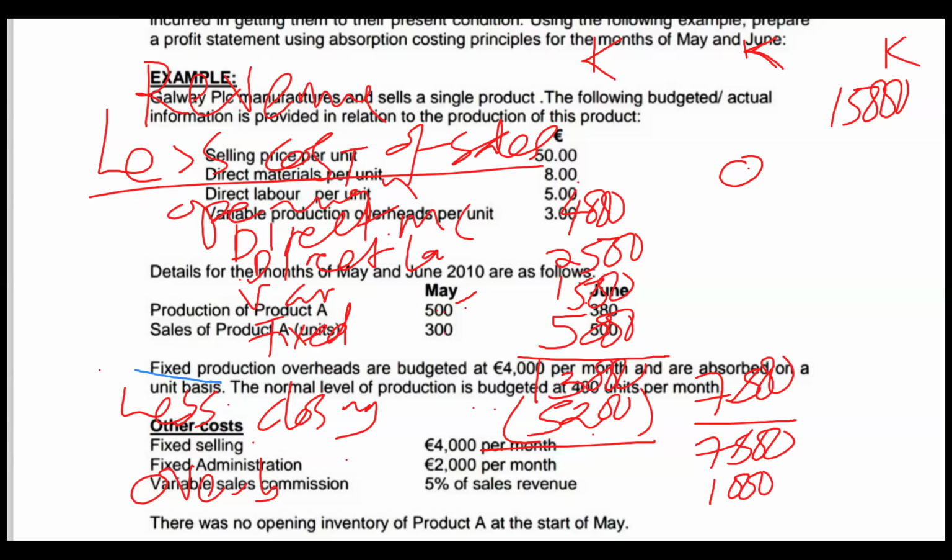Are we all fine? When you add those two, what do you get? 8,800.